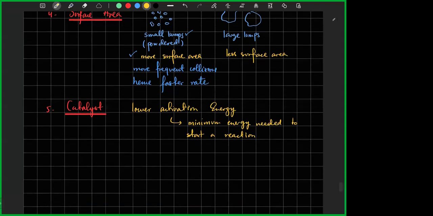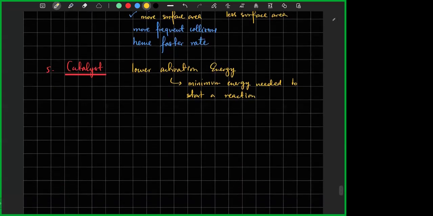Why do reactions need energy at the start? To break old bonds. So almost all reactions require some energy at the start. Why? Because you have to break old bonds.